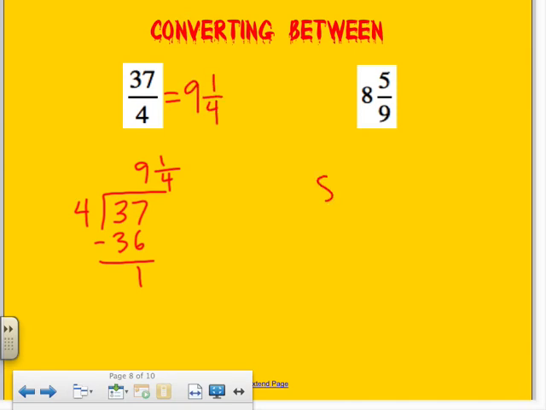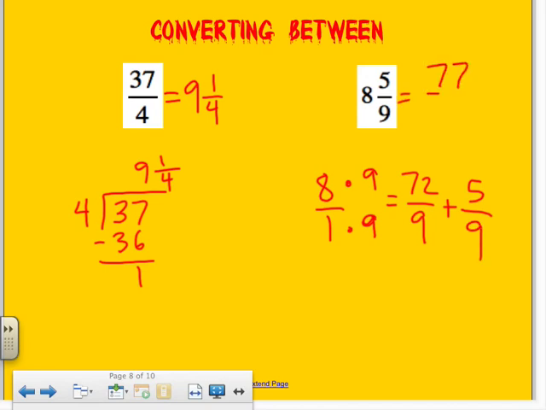For 8 and 5/9, the 8 needs to become ninths, so I'm going to multiply them both by 9. So I get 72 ninths. Don't forget to add in the 5 ninths I already had, so altogether that's 77 ninths. So that's turning mixed numbers into improper fractions and vice versa.